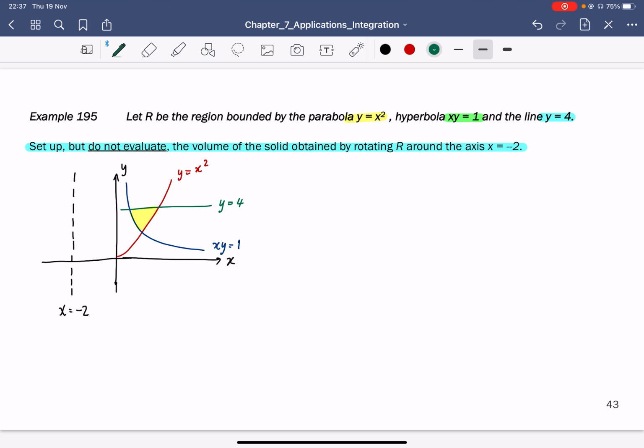Let's suppose that you want to use the disk or washer method. If you want to use the disk or washer method, what you want is to cut the region perpendicular to the axis of rotation. The axis of rotation is here, x equal to -2.